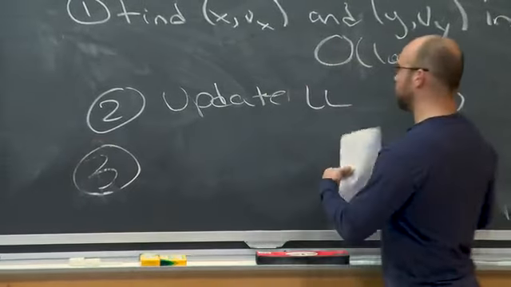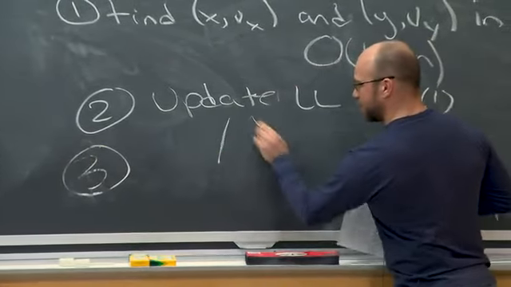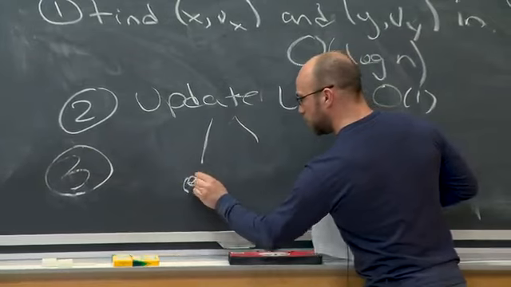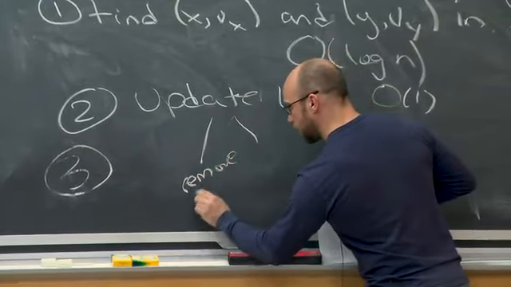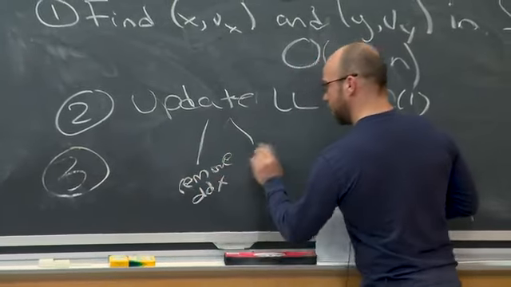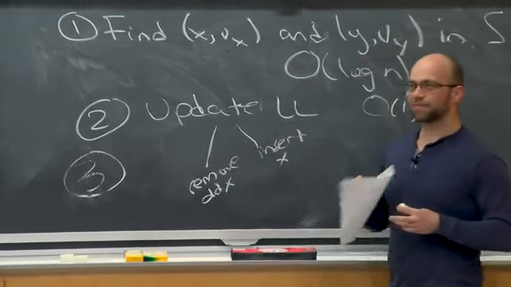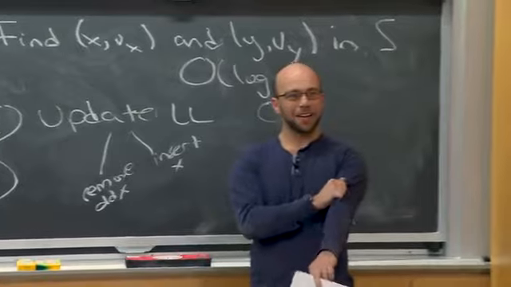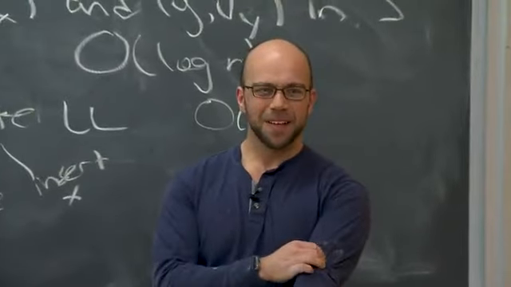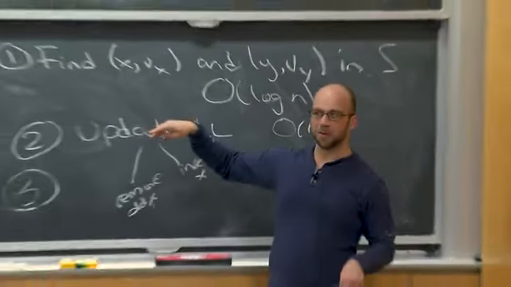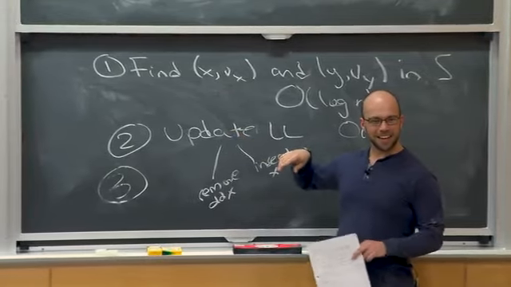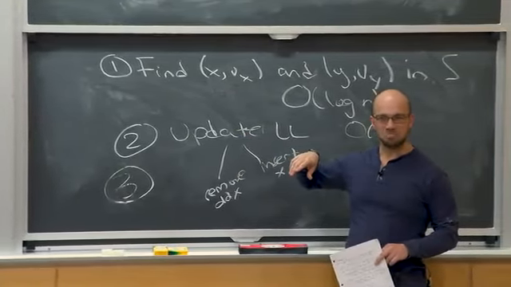There are actually 2 parts to updating the linked list: one is to remove the old x position and then insert it in the proper position. And when I do that, my whole update has happened. Notice that there's something interesting about this move below operation, which is that I did not actually edit the set at all, right?